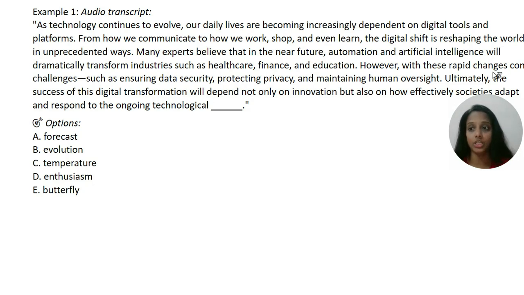However, with these rapid changes come challenges such as ensuring data security, protecting privacy, and maintaining human oversight. Ultimately, the success of this digital transformation will depend not only on innovation, but also on how effectively societies adapt and respond to the ongoing technological dash.